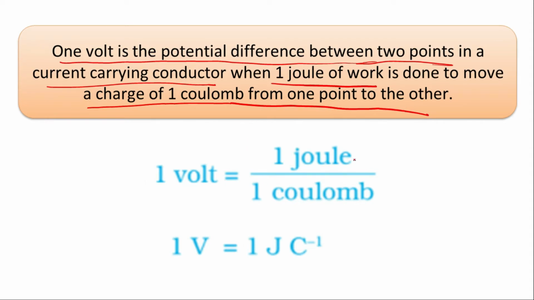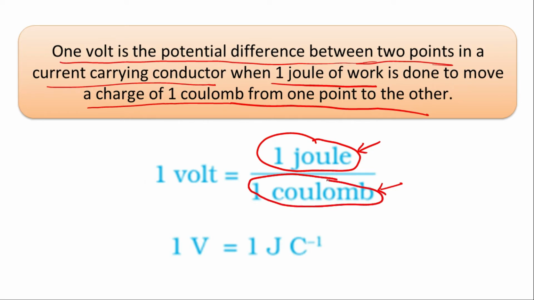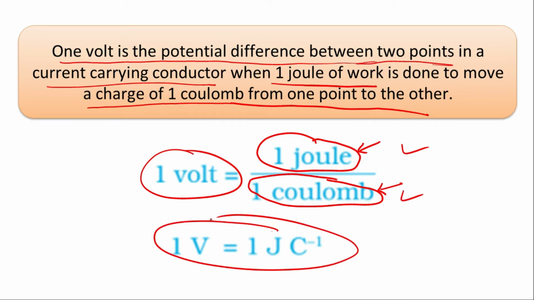As everyone knows, the SI unit of work is joule and the SI unit of charge is coulomb. So 1 joule of work required to move 1 coulomb of charge is known as 1 volt, and the SI unit of volt is joule per coulomb.